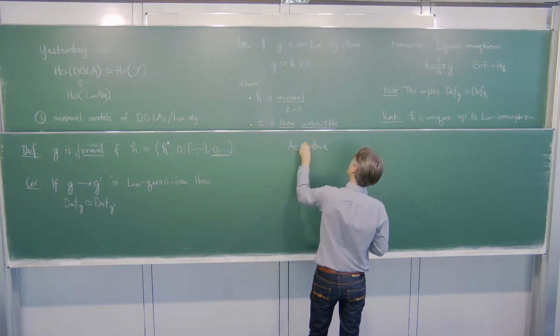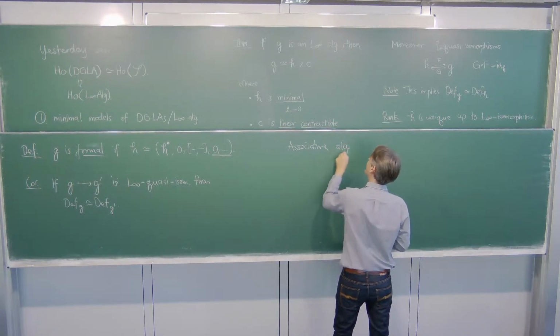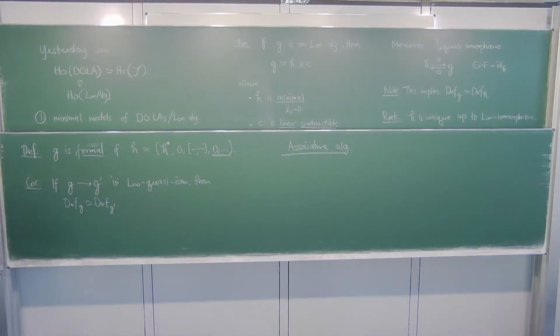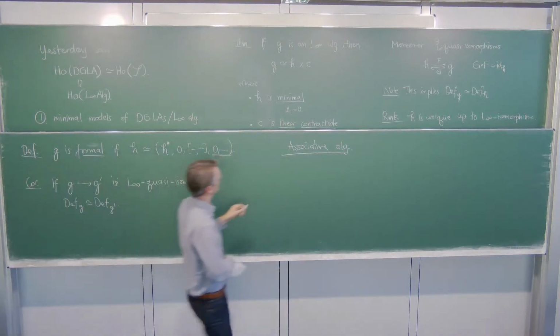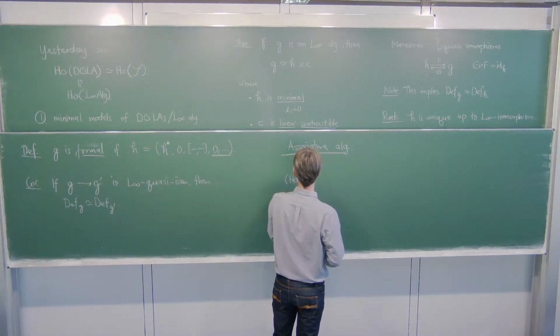Now to get back to the example of associative algebras. Basically there we saw we had this usual DGLA.